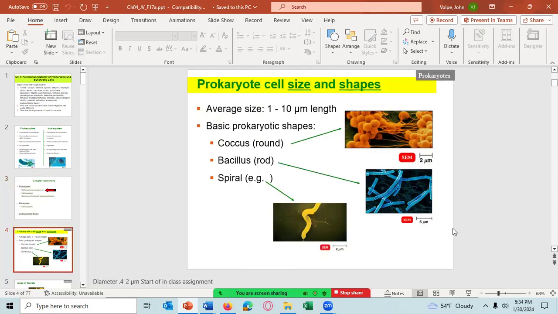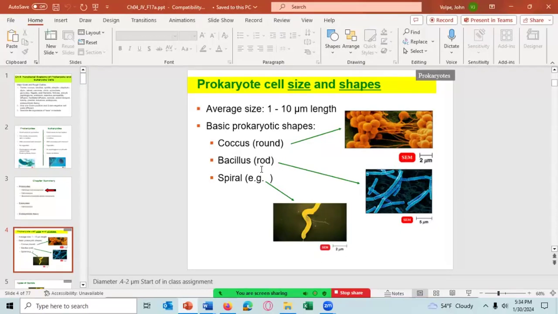So, prokaryote cell size and shapes: the average size ranges between 1 and 10 micrometers. Most prokaryotes are between 1 and 2 micrometers. The basic shapes of prokaryotes are round cells that we call a coccus, shown here.